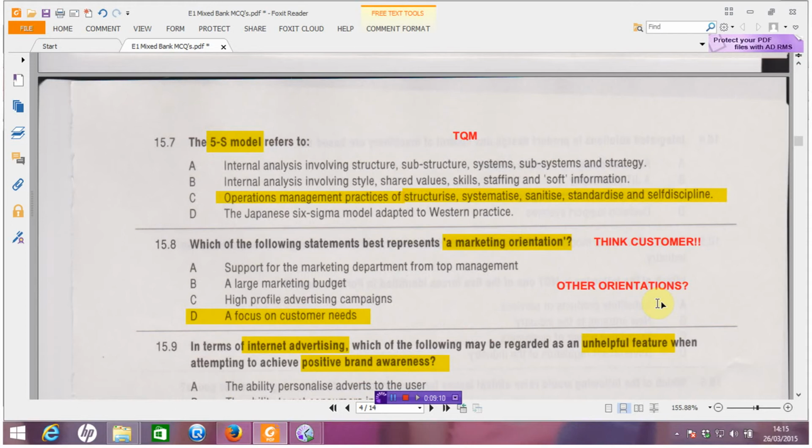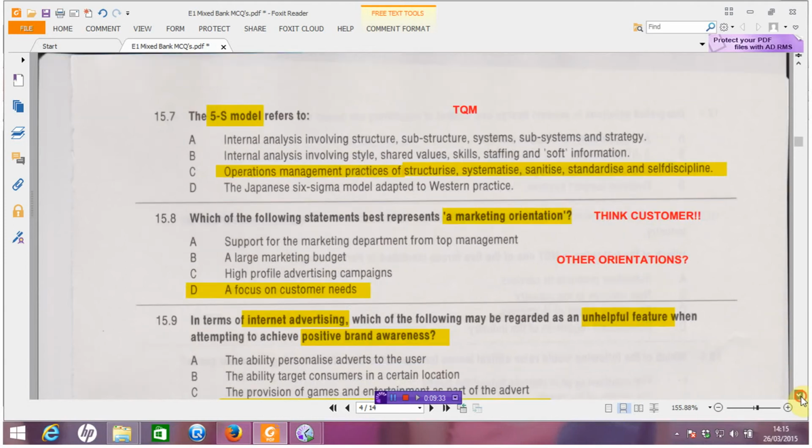Or perhaps the last one, a production orientation, where we're simply looking to produce as many units as possible, keep our fixed costs down, achieve economies of scale, and really hopefully price perhaps at a low level to attract sales. But certainly a marketing orientation is our preferred one, and it's all about thinking customer, thinking about what the customer wants.